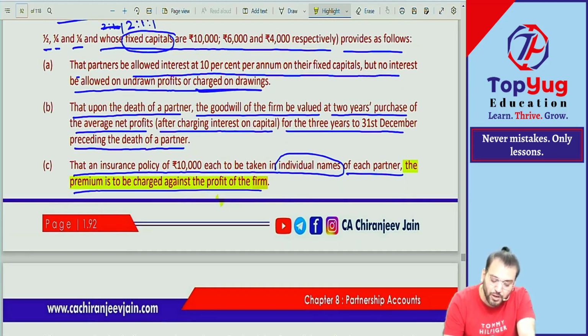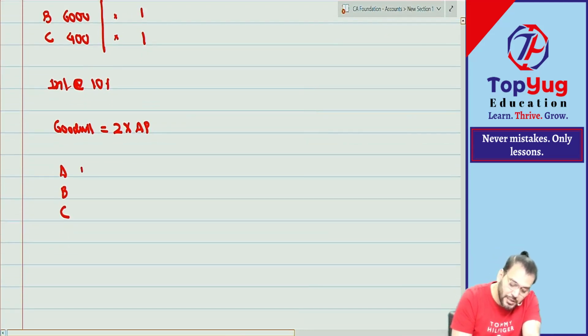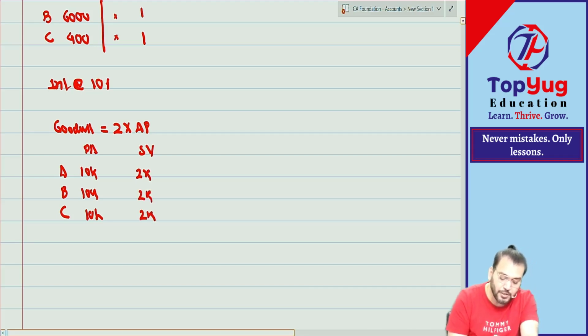Then the insurance policy. They have given the policy amount for A, B, C. What is the policy amount? 10,000, 10,000, 10,000. And what is the surrender value? Surrender value is 20%. So 20% is 2,000, 2,000, 2,000. Who died?